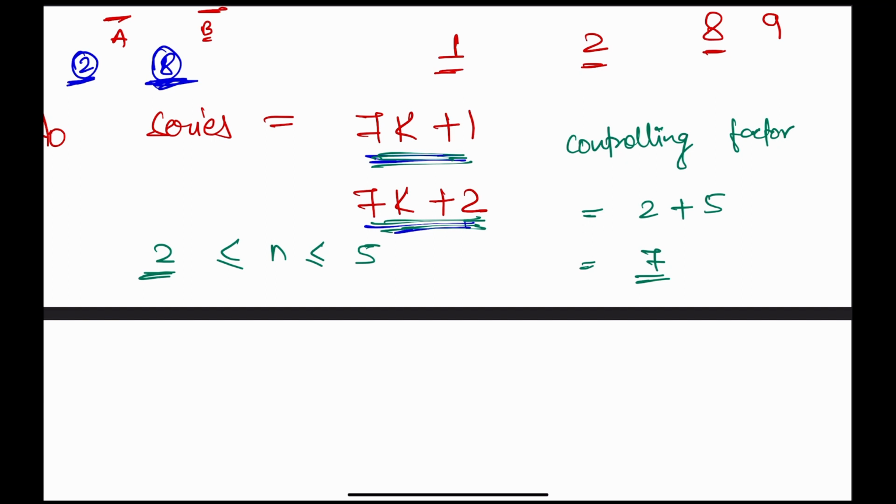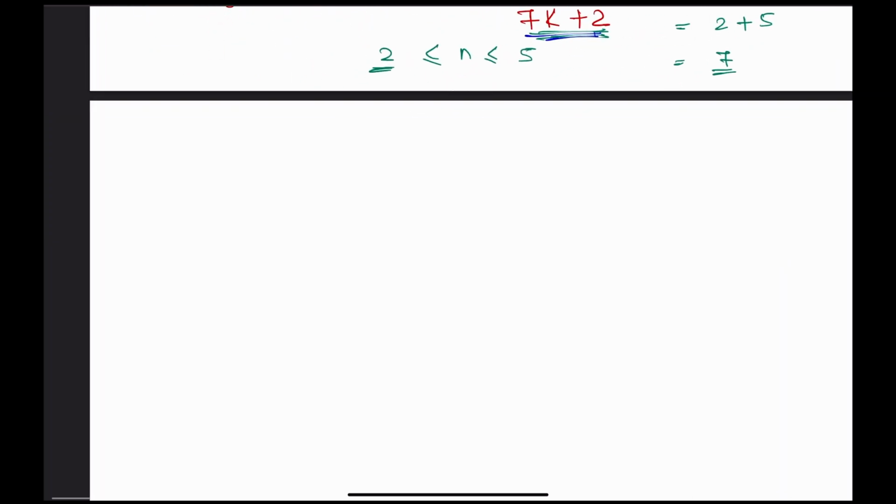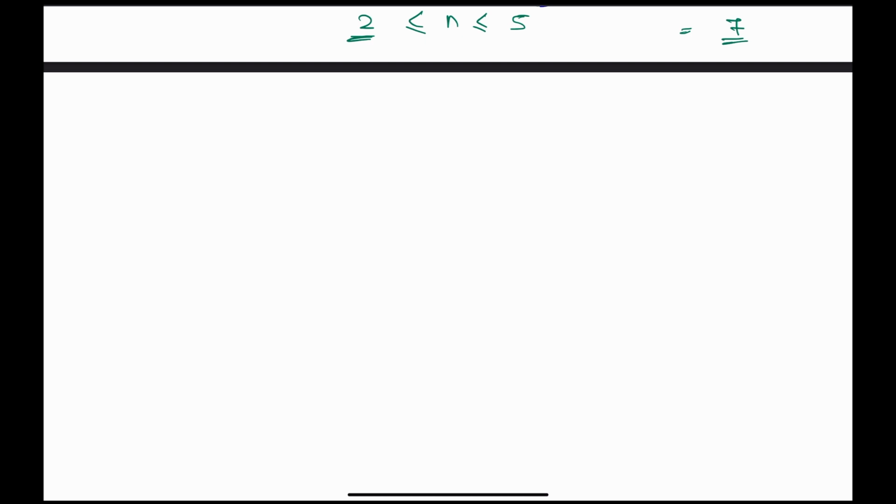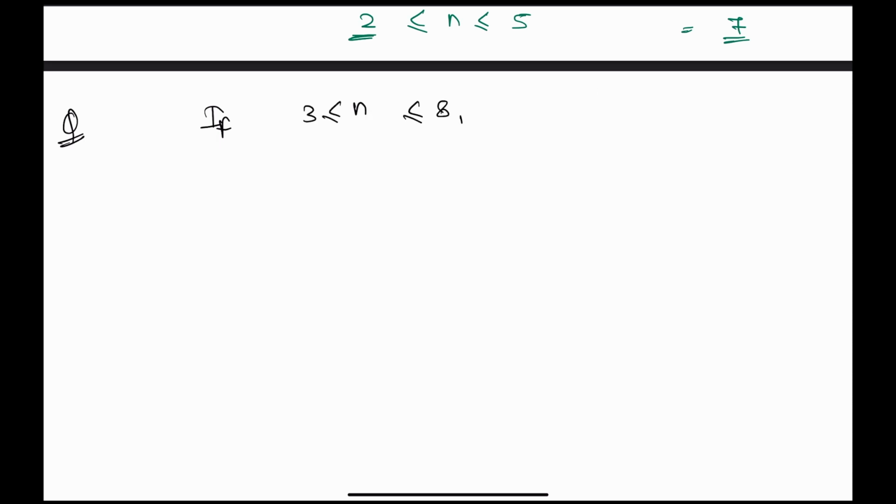This is the type of question. If we extrapolate the same kind of question, suppose it is given that n is between 3 to 8, and again the last one loses, same condition: the last person who is left with 2 or 1 coin has to pick that one.